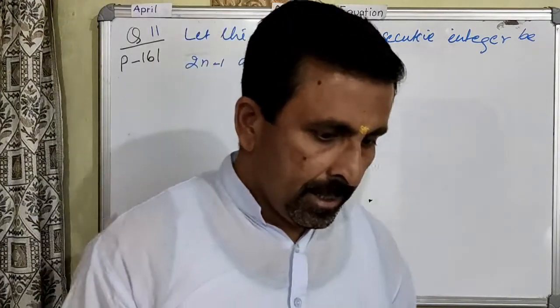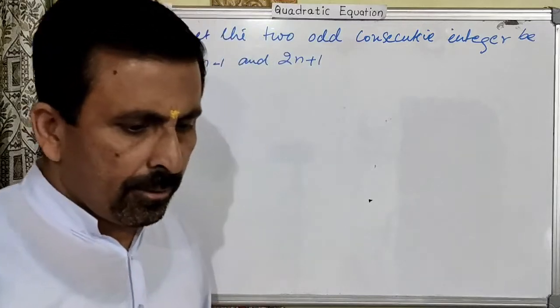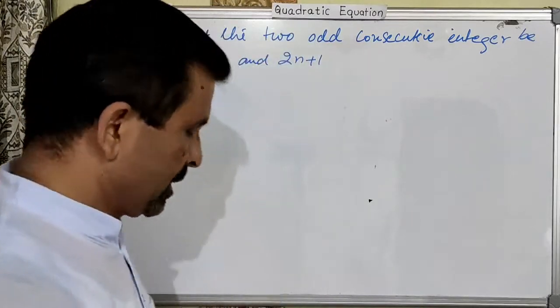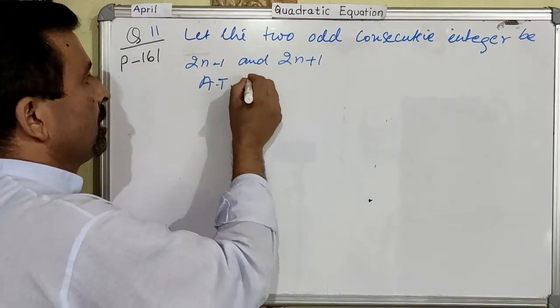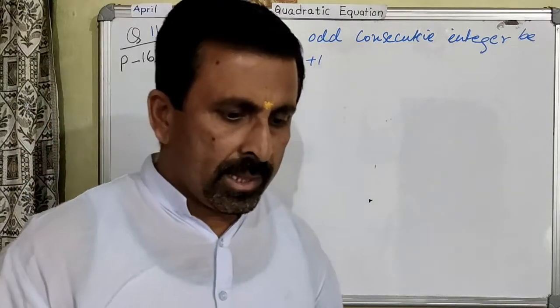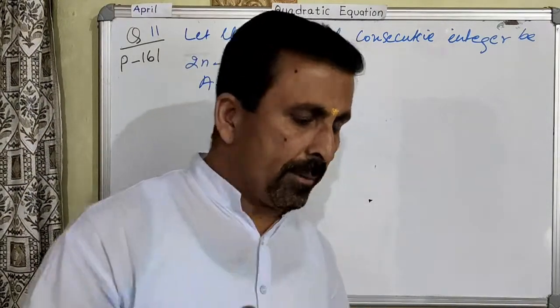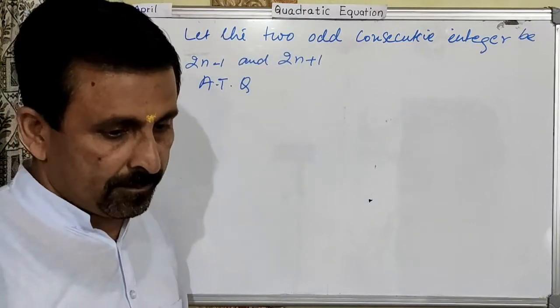Is it okay? Alright. Now, according to the question, let us see what the question says to do with these two. According to the question, when the squares of them, now we have to have the sum of their squares.